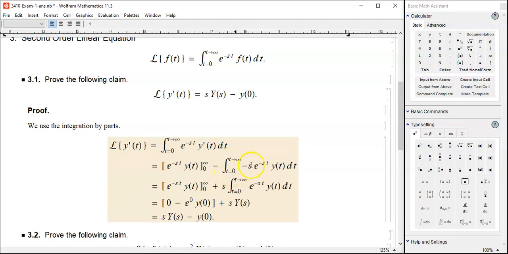Yeah, t is the variable, so s can come out. And then if you look at this integral here, what is this? This is precisely the same as the definition of Laplace transform. So this is capital Y of s.